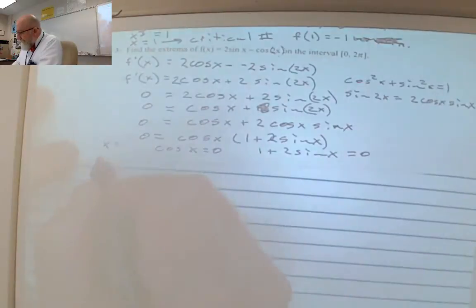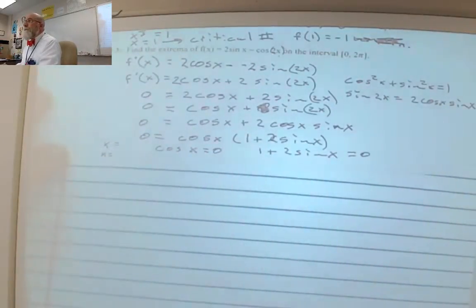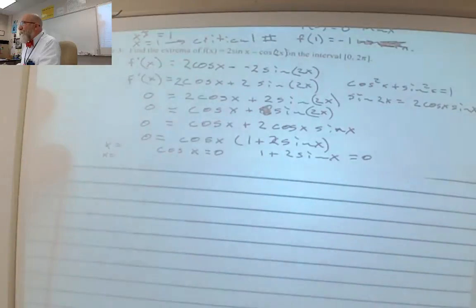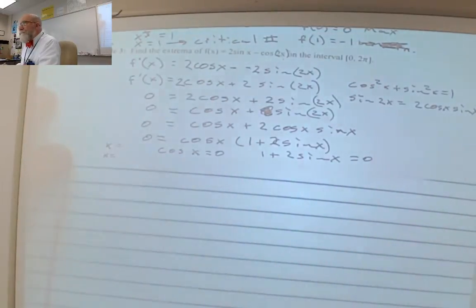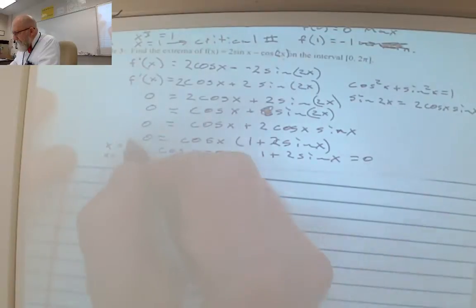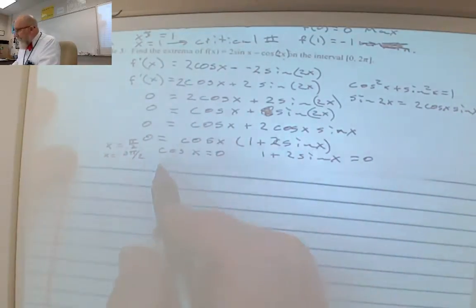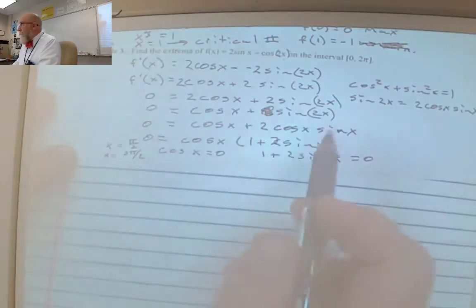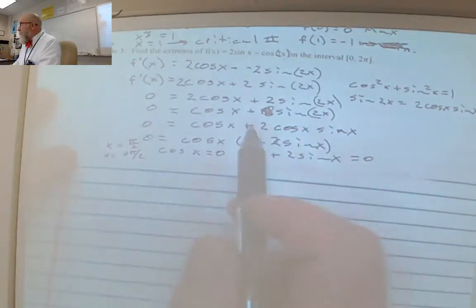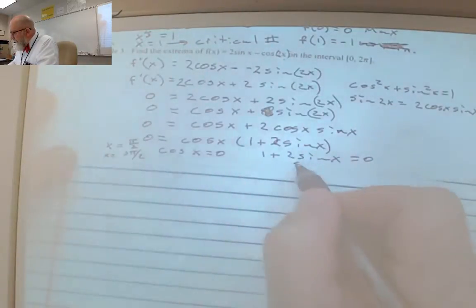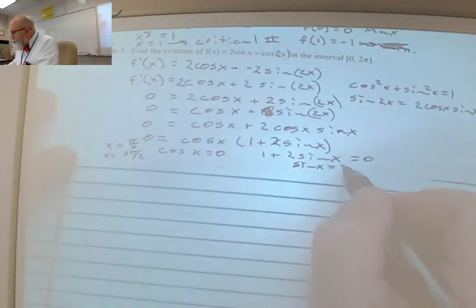Two places. It's got to have pi in it, because they're radians. Pi over 2 is 1, and 3 pi over 2 is the other. These are my critical numbers, because they came from the derivative. My denominators I don't have to worry about here, right? Everybody understand that? I'm not going to have any sharp points. So here I'm going to have the sine of x equal a negative 1/2.